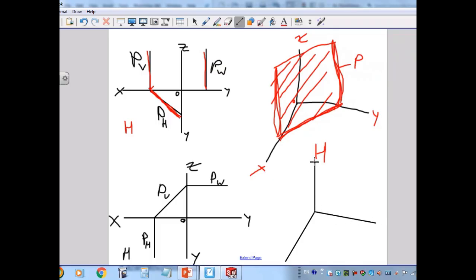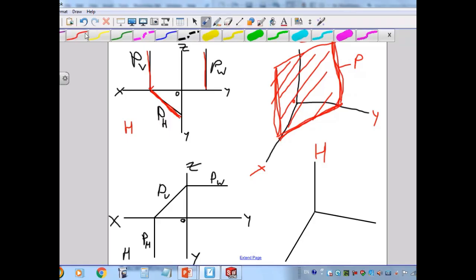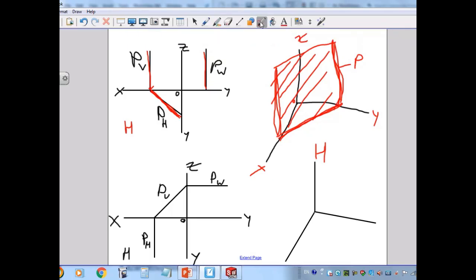So this is a 3D space. It has a slope. And here the parallel is the OY axis, and here also that's parallel.